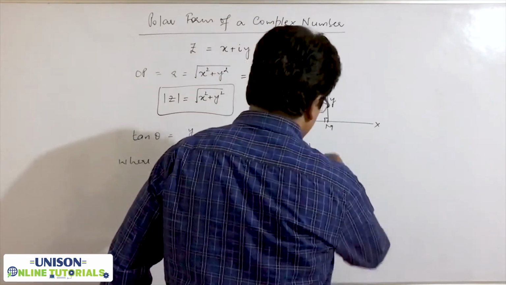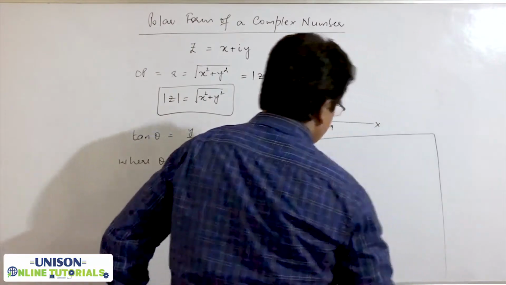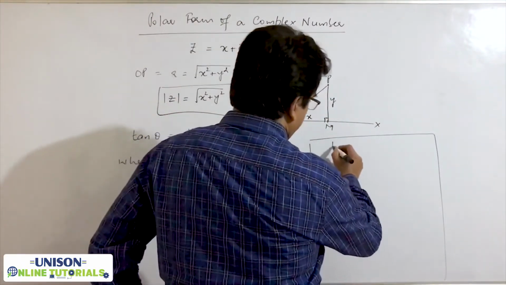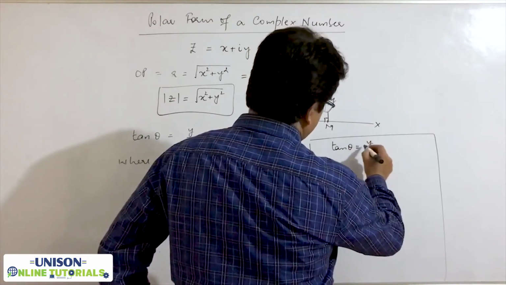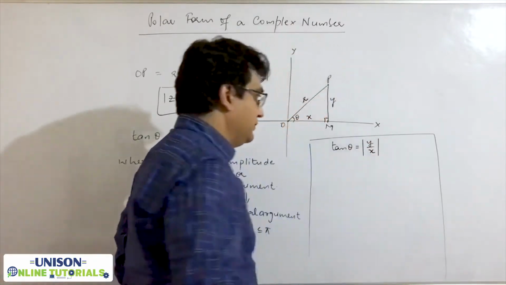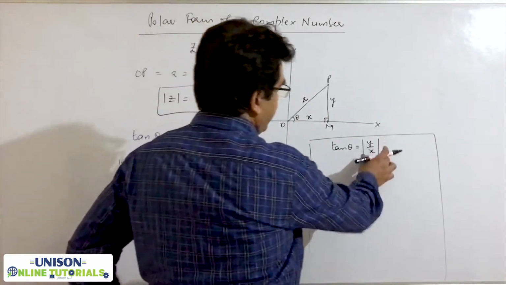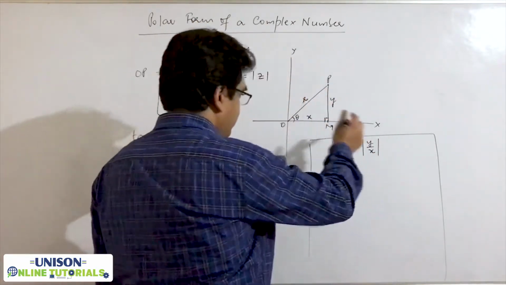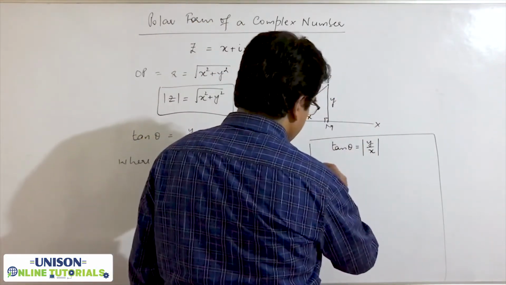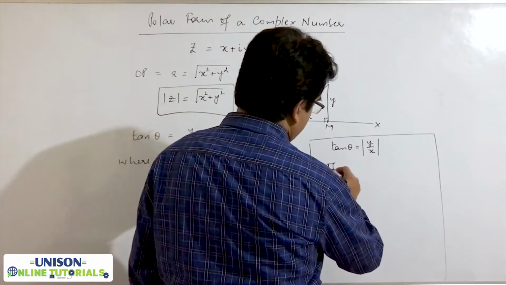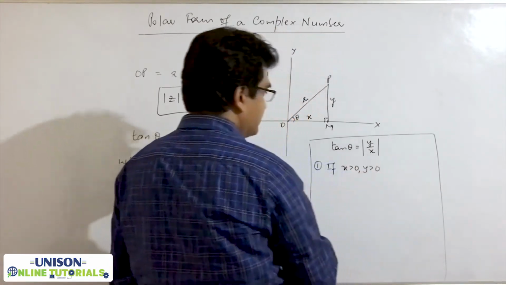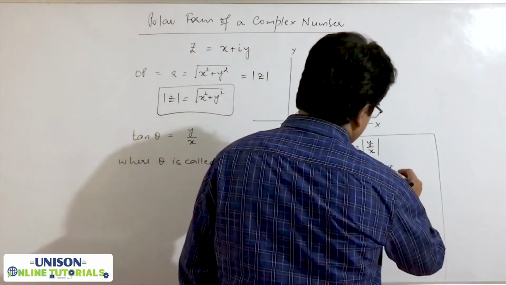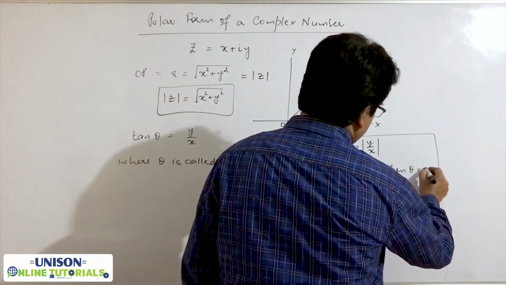So if we are given tan theta, tan theta is y by x. We put it into this mod brackets. We take it always positive. First rule, if x is greater than 0 and y is greater than 0, if x is positive and y is also positive, then theta will be theta.